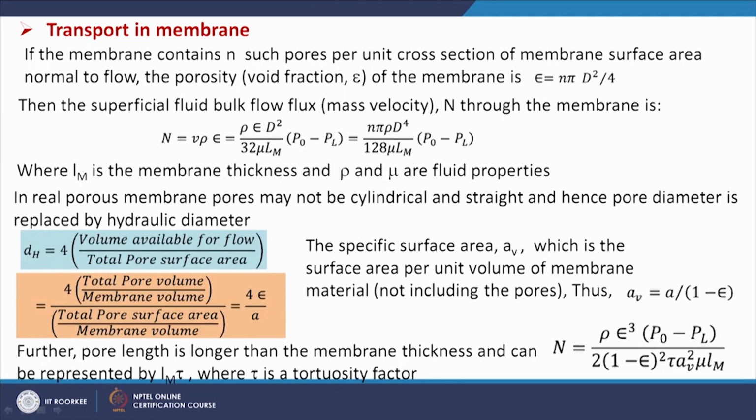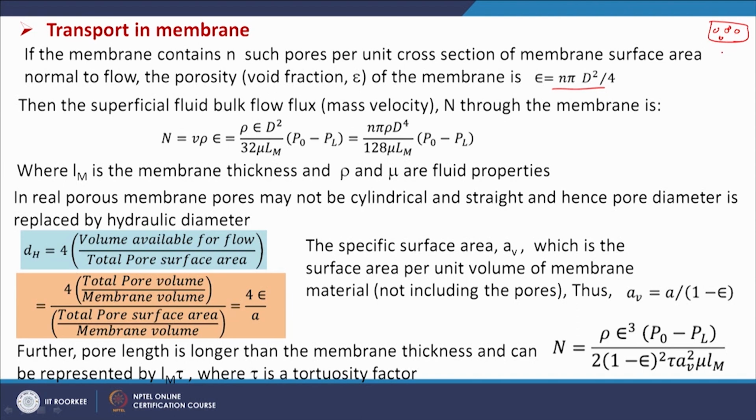Now, if the membrane contains n such pores per unit cross section of membrane surface area normal to flow, what is the porosity of the membrane? Pi r square for a single pore, so pi d square by 4 for a single one. So, n into pi d square by 4 is the total surface area covered by the pores, and the total surface area of the membrane is 1, we have assumed.